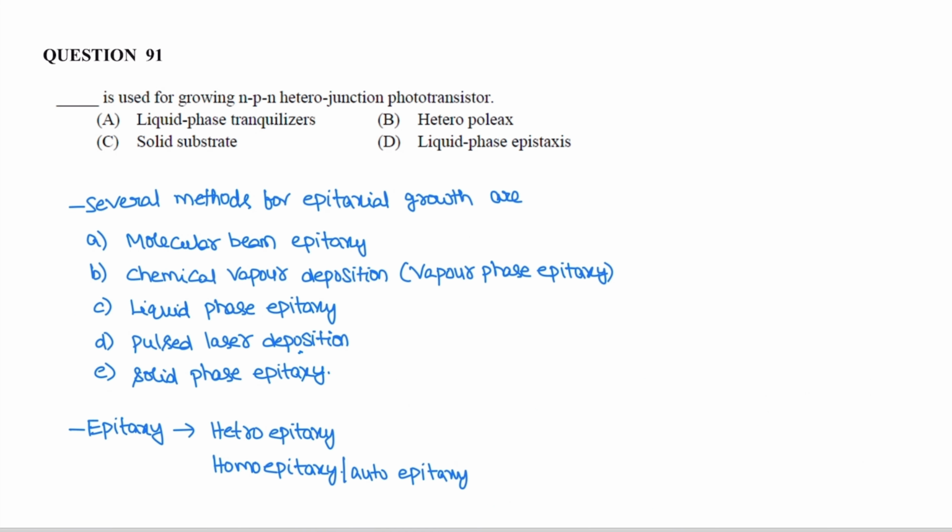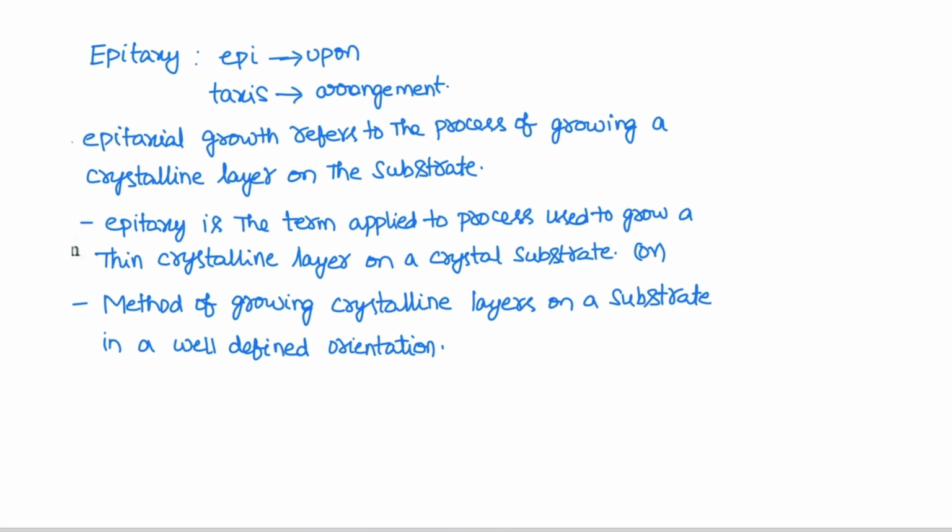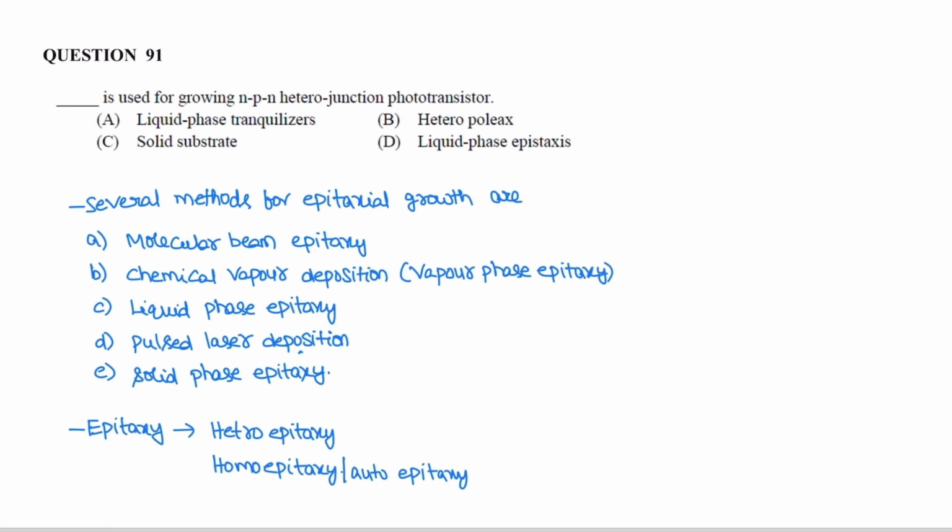Next question. Dash is used in growing NPN heterojunction structures. So that is epitaxy. Epi means upon, taxis means arrange. This epitaxial growth refers to the process of growing a crystalline layer on a substrate. Epitaxy is a term applied to a process used to grow thin crystalline layers on a crystal substrate, or a method of growing crystalline layers on a substrate in a well-defined orientation.